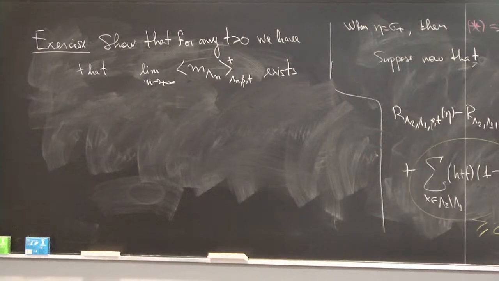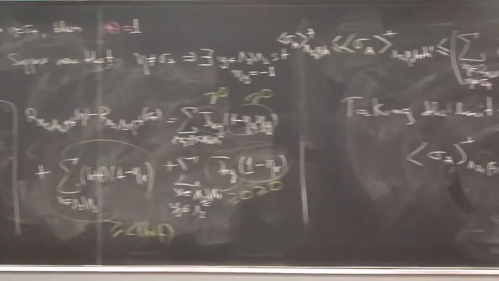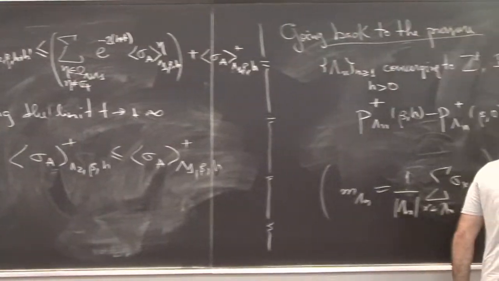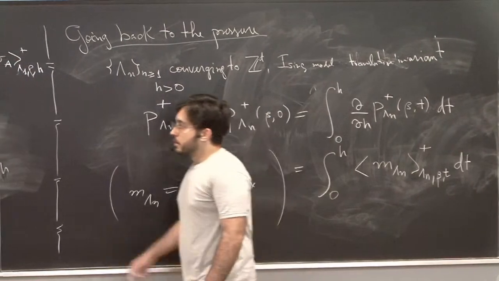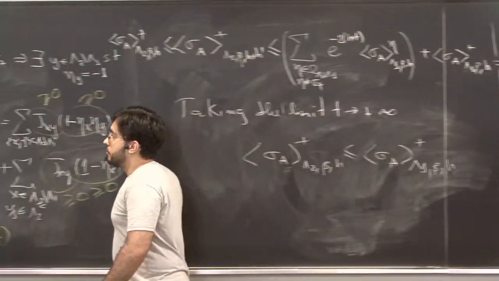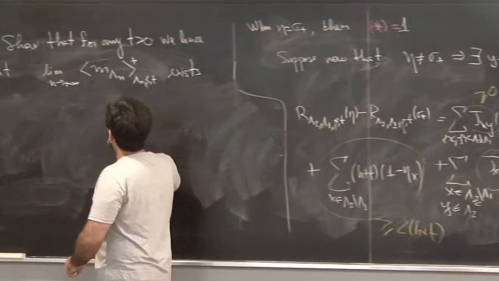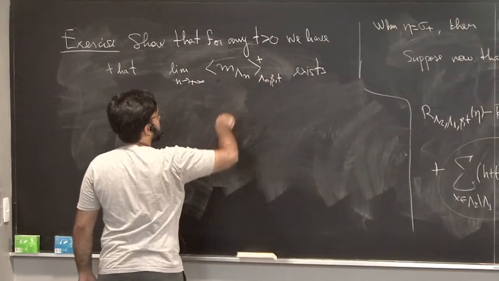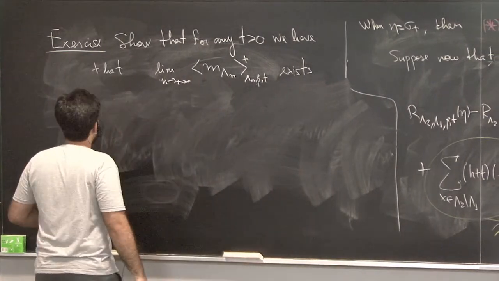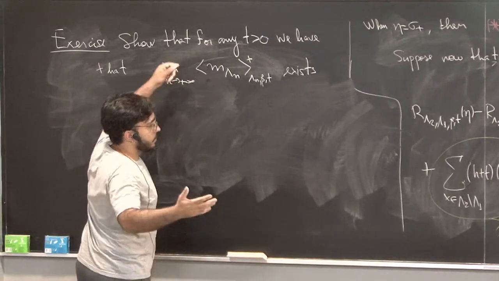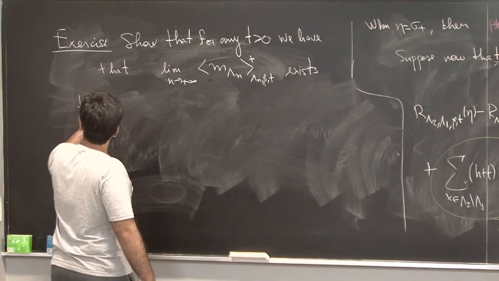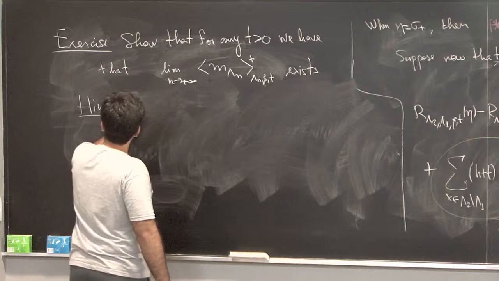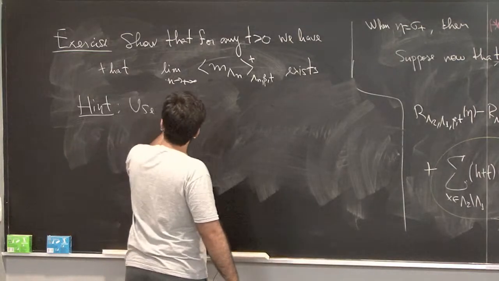And now, since these are all bounded, you can use this to show that all of these functions will also be bounded, okay? They are bounded by 1, for instance. Oh, there is a hint. So use the previous theorem.